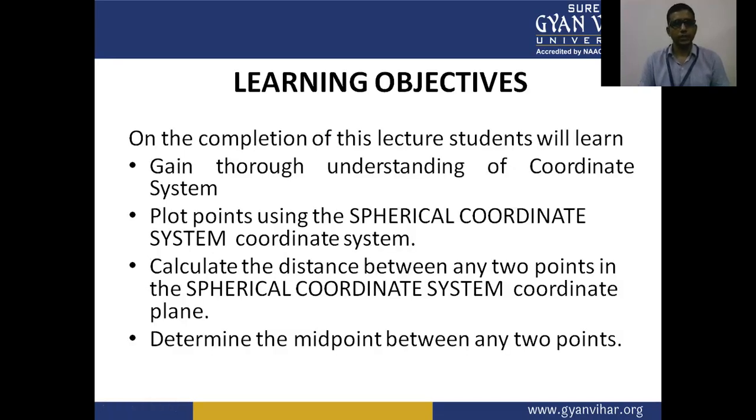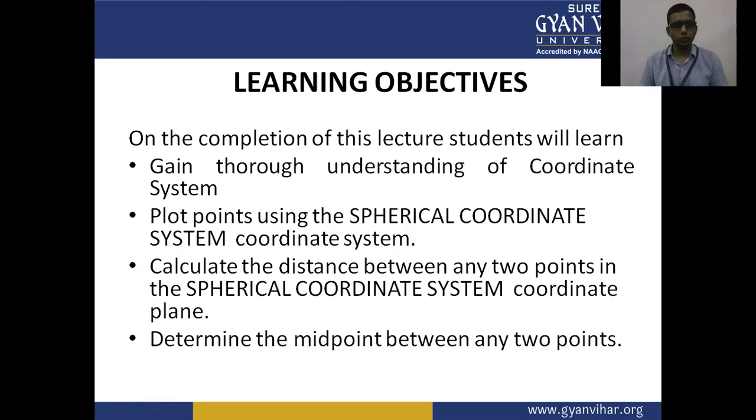The learning objective of this lecture is that after completion of this lecture, students will gain an understanding of the coordinate system, that is the spherical coordinate system, calculate the distance between any two points in the spherical coordinate system or in the cone.